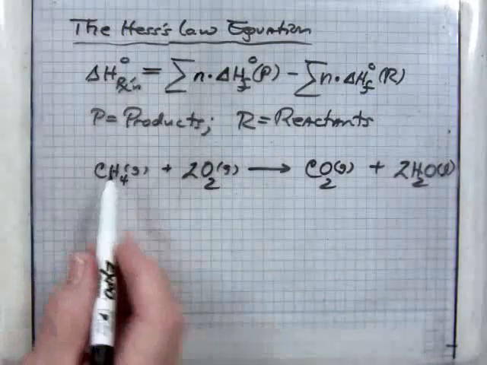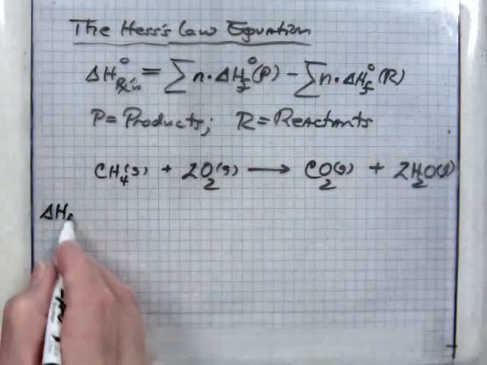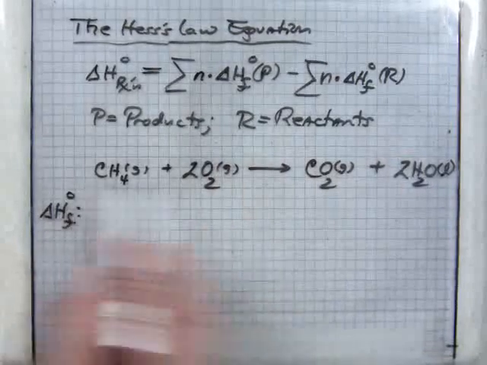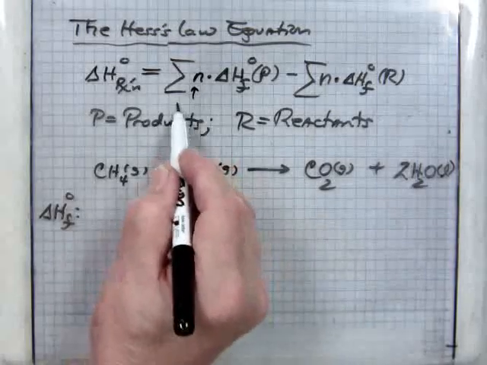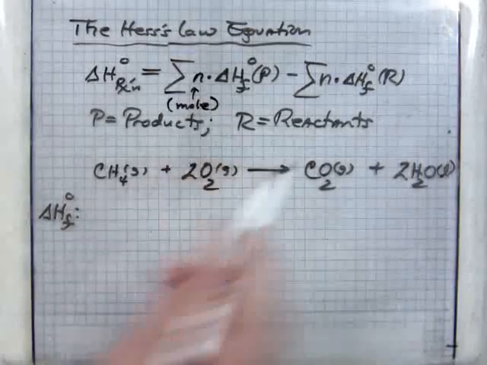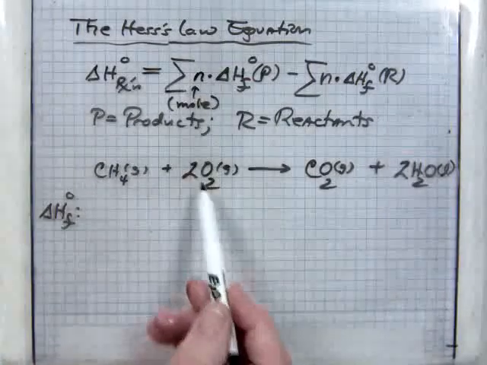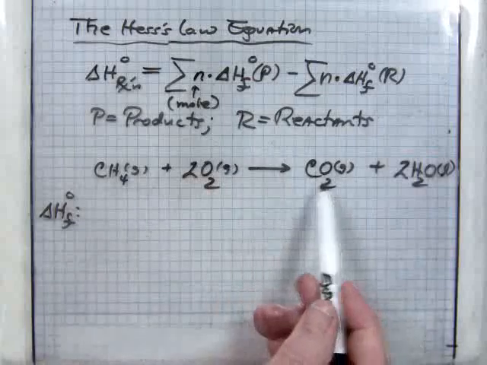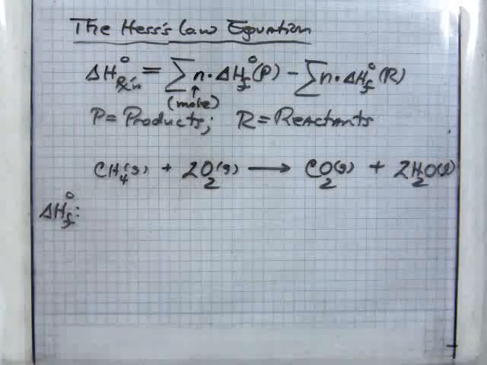Now what it's telling you is you need standard heats of formation for each of these reagents times the mole values. So for example, this one is 1 mole times the heat of formation. This one's 2 moles times the heat of formation, and so forth. So we'll look up methane, which is minus 74.87 kilojoules per mole.